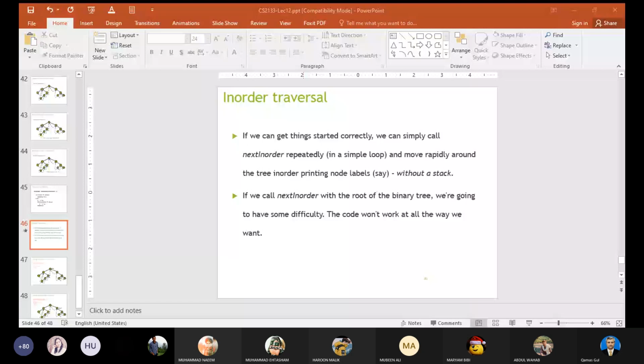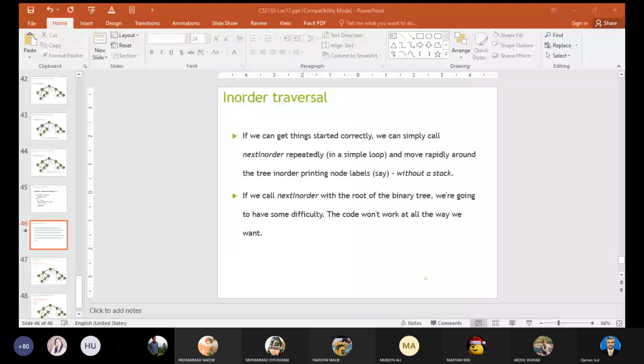So this way the two routines, next in order with the dummy node and the fast in order will work together and resolve the situation where the root node was actually not working properly.